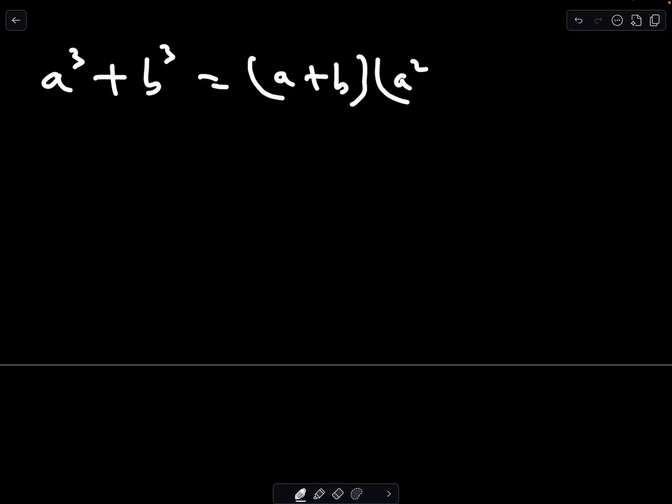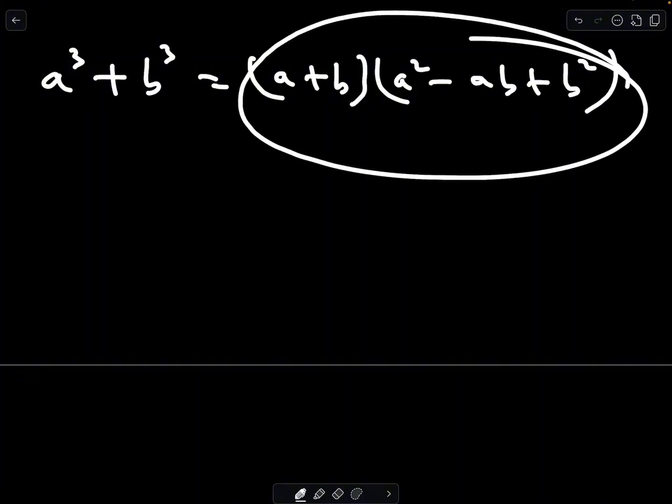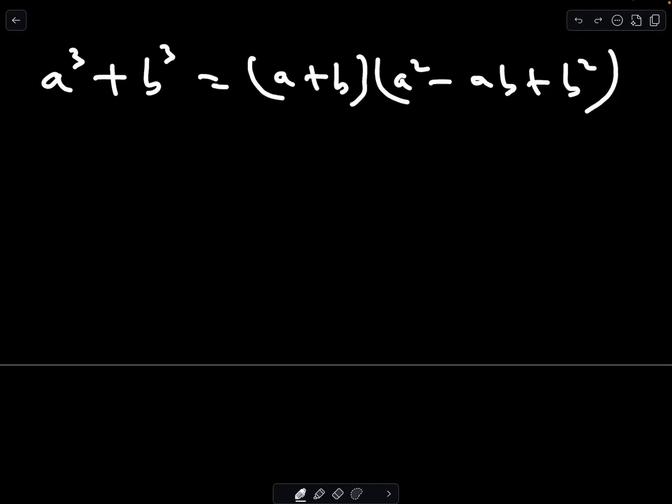We remember that a cube plus b cube is the same as a plus b times a square minus ab plus b square. If you expand this, you are going to get a cube plus b cube.